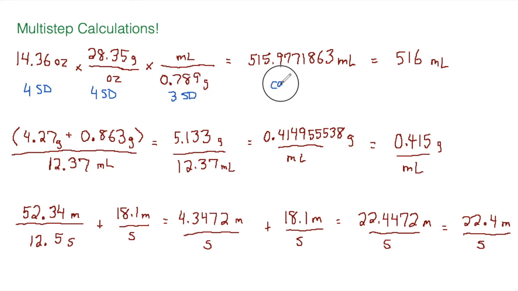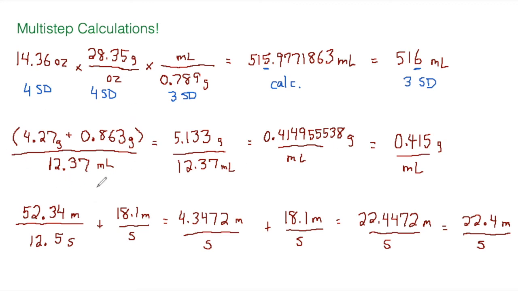And so our calculator gives us this amount of digits, and we want to change this to 3 significant digits because that is the smallest number here. So we want to round it to the ones place, and we end up bumping it up to a 6 because the 9 is large. And so we get an answer with 3 significant digits.